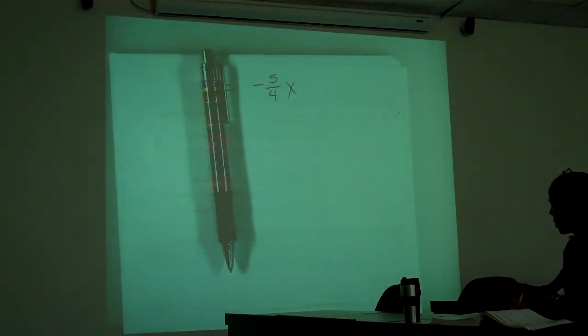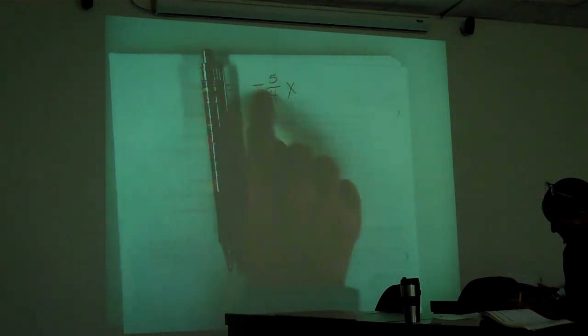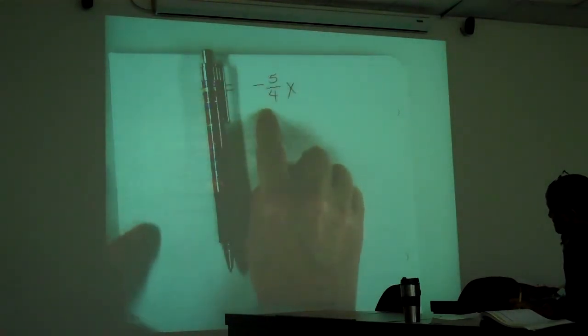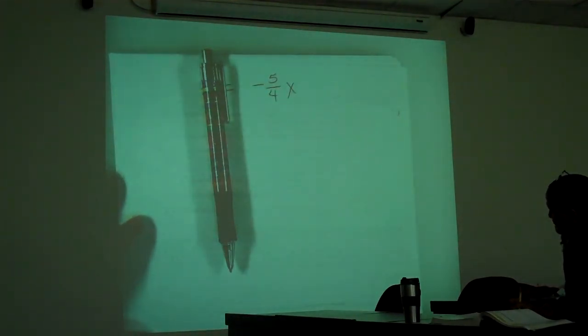You don't always work from the left or always from the right. What was done to that variable? It was multiplied by -5/4. You need to divide by that same number.